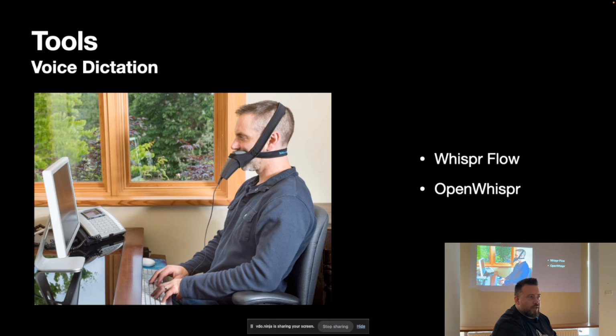Then there's OpenWhisper. If you don't wish to pay for a subscription, you can use it locally with local models, which, as I've said, are not that great for coding, but for speech-to-text they run really okay.